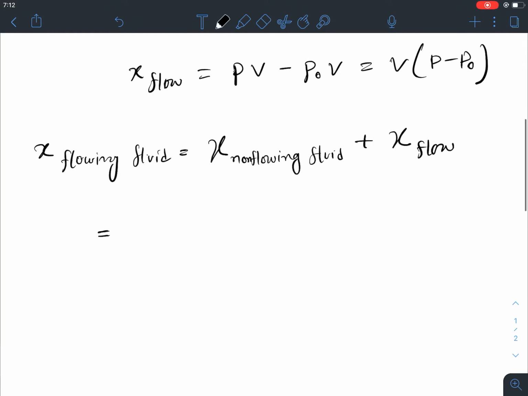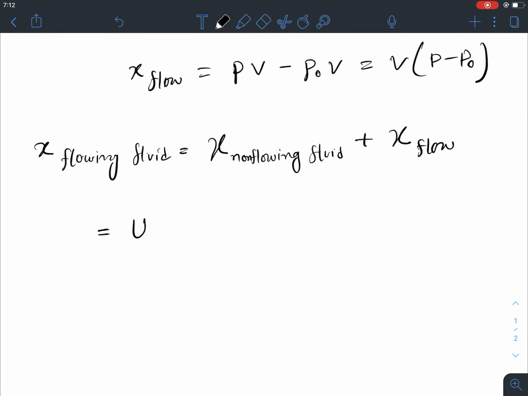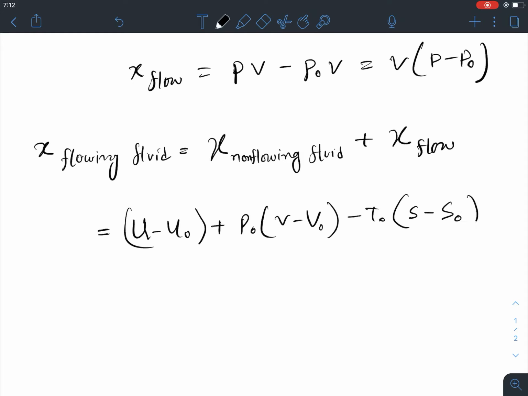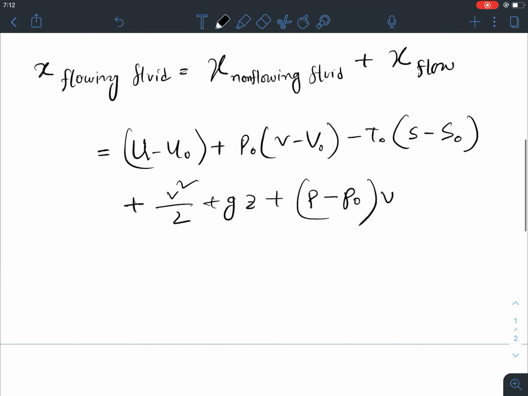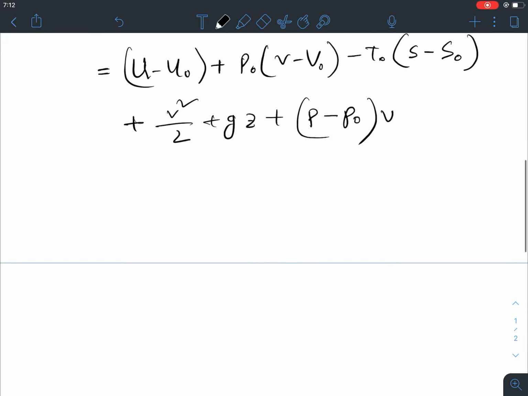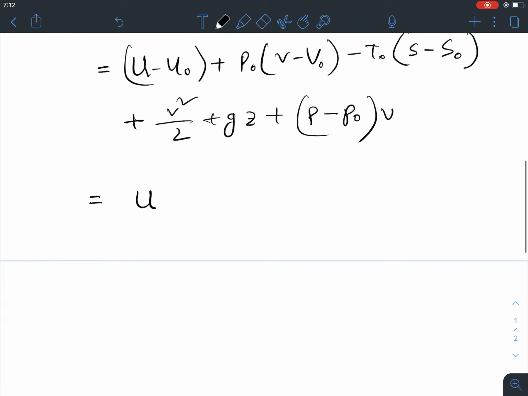We know that for non-flowing fluid, the Exergy change equals internal energy change plus P naught times (V minus V naught) minus T naught times (S minus S naught) plus V squared divided by 2 plus gZ, and plus for X flow it will become (P minus P naught) times V. That's the expression of Exergy for a flowing fluid.